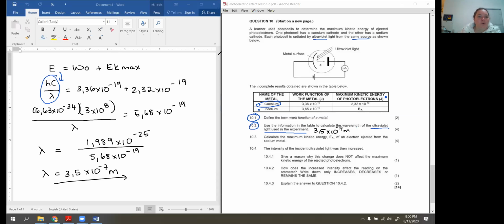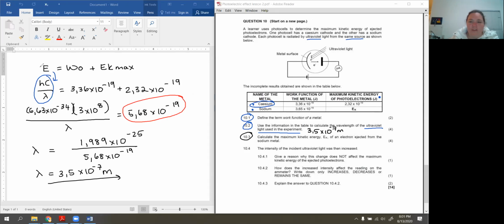We're going to be out of time now, so I just quickly want to discuss how you do the rest of this question so that you can go and have a good look at it. It then asks you to calculate the maximum kinetic energy of an electron ejected from the sodium metal. In this case, you can use this information to know that that value is the energy of your photon.